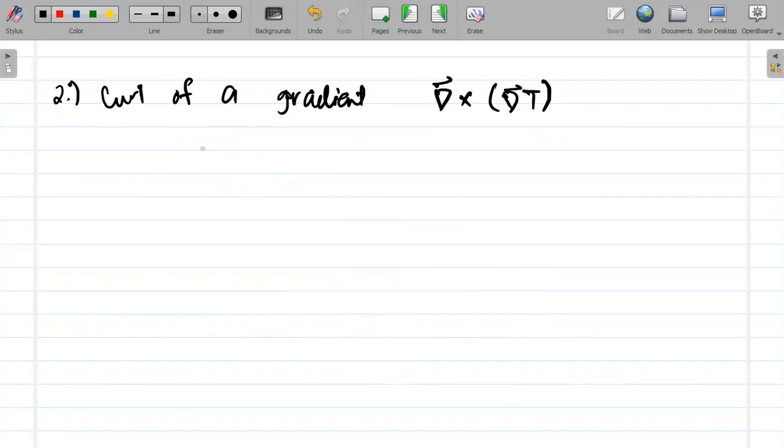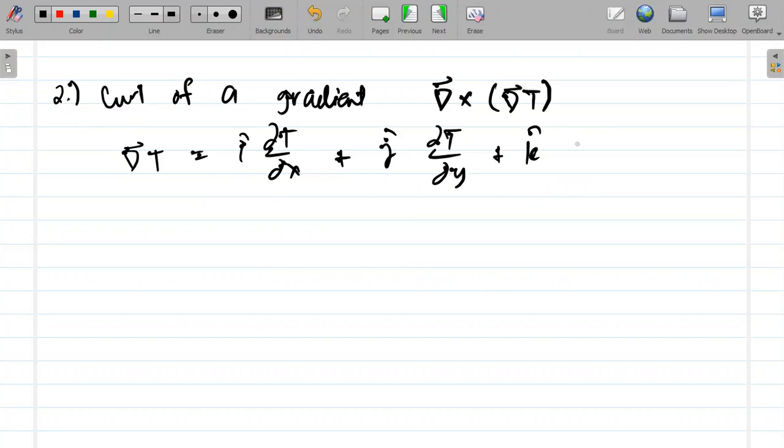So, ang del T natin, that is equal to partial T partial x, so, i hat partial T partial x plus j hat partial T partial y plus k hat partial T partial z. Now, class, ang gagawin natin, let's take the curl of this quantity.